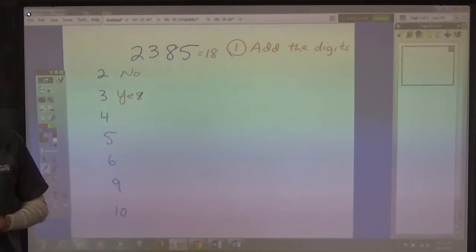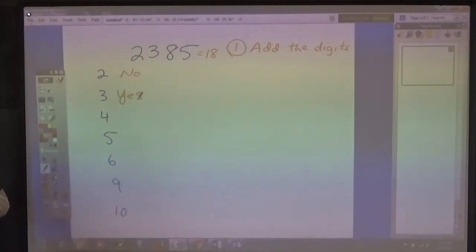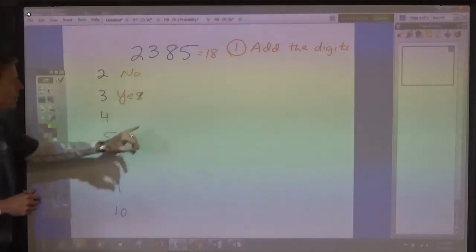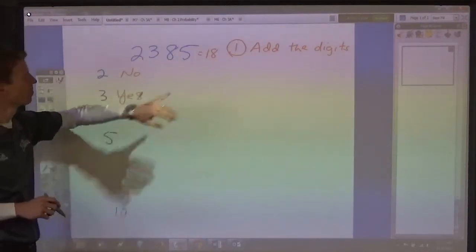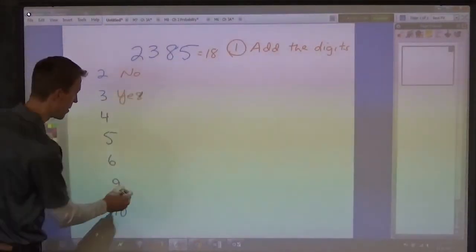And for 8, you don't add the digits. You check the last 3 digits. Okay? So, is this divisible by 9, Trevor? Yes, because 18 is divisible by 9.